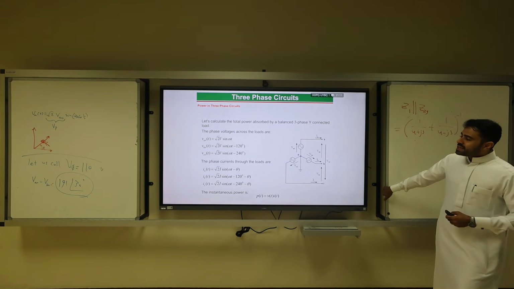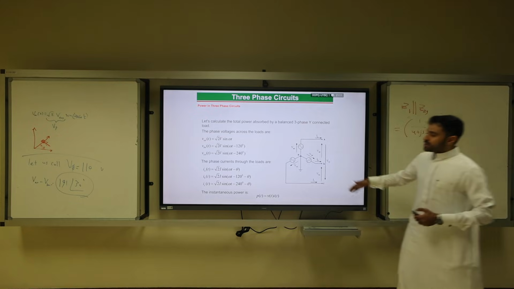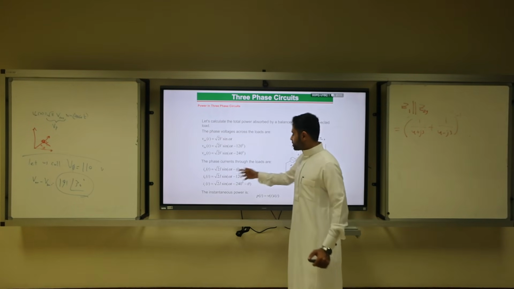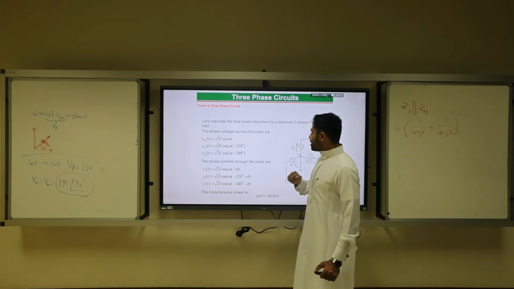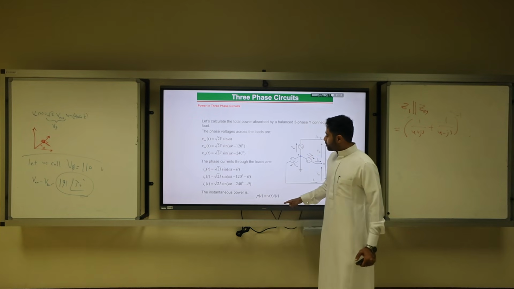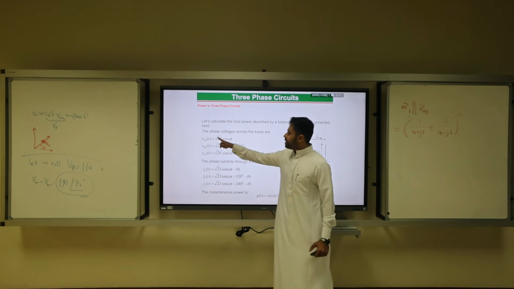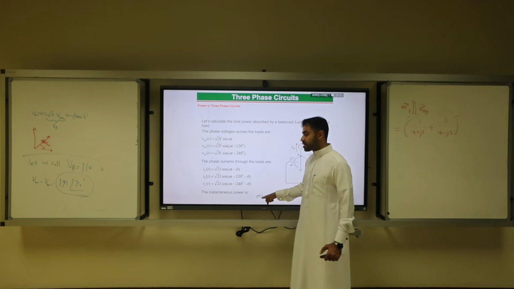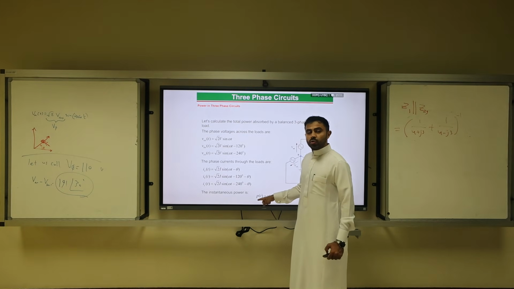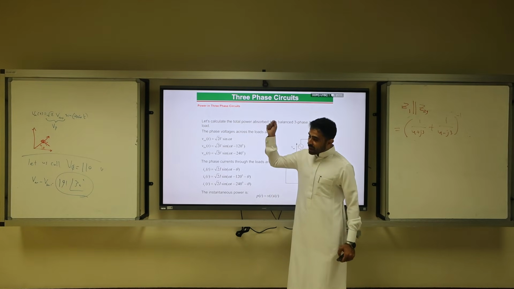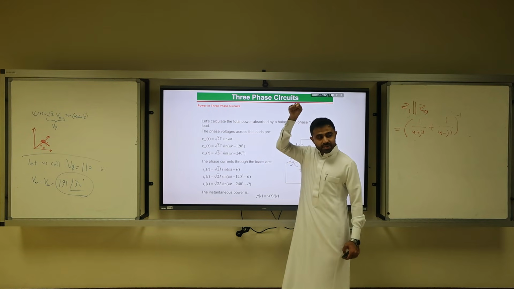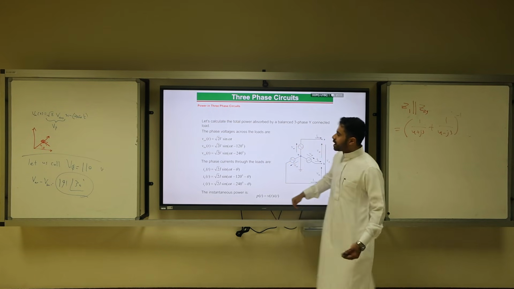So let's look at the voltage equations and current equations. What is the instantaneous power? For phase A, I multiply VA by IA, I get the real instantaneous power. I multiply the instant of the voltage times the instant of current.